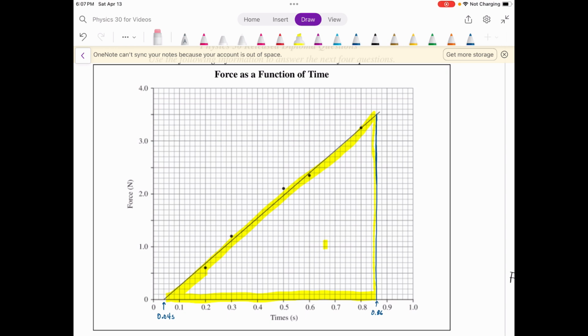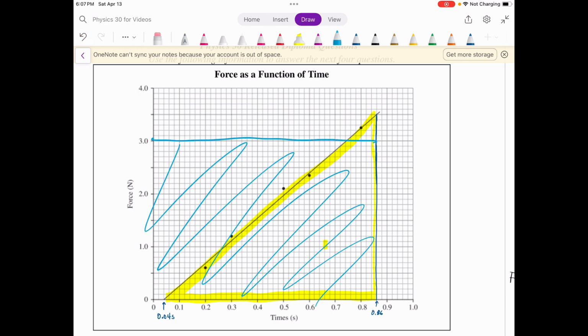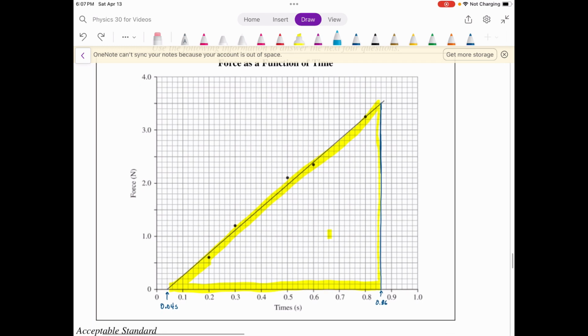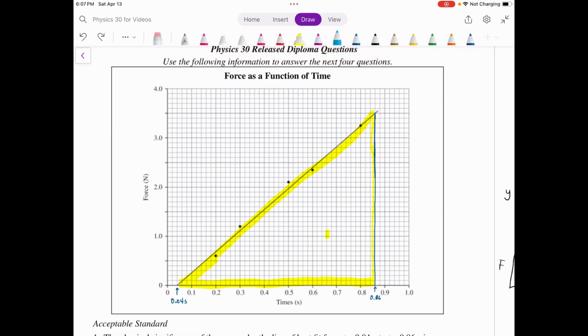And so the result is, instead of finding the area of this rectangle, which would just be length times width, we're going to find the area of this triangle, length times width divided by 2. And so that remarkably simple adjustment to divide by 2, because we're finding the area of a triangle, accounts for the fact that for most of this, we were actually pushing less hard than we were at the end here.